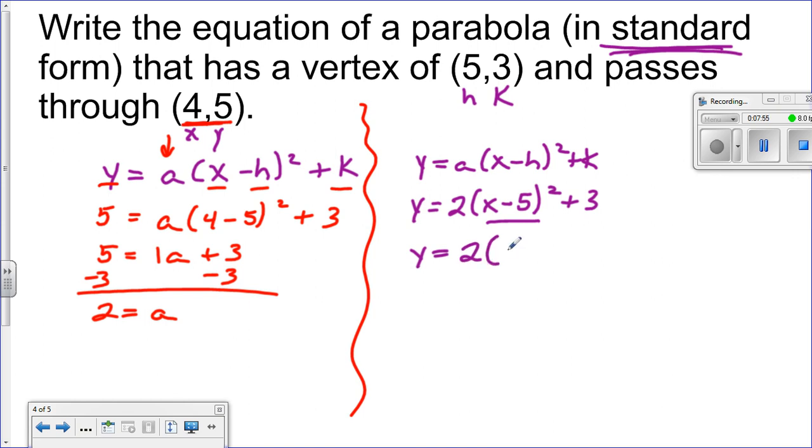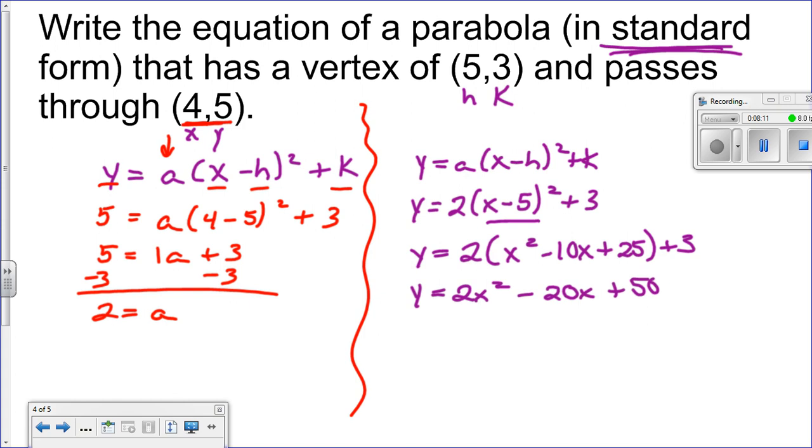Now it's 2 times x squared minus 10x plus 25, plus 3. So y is equal to 2x squared minus 20x plus 50 plus 3. So y is equal to 2x squared minus 20x plus 53.